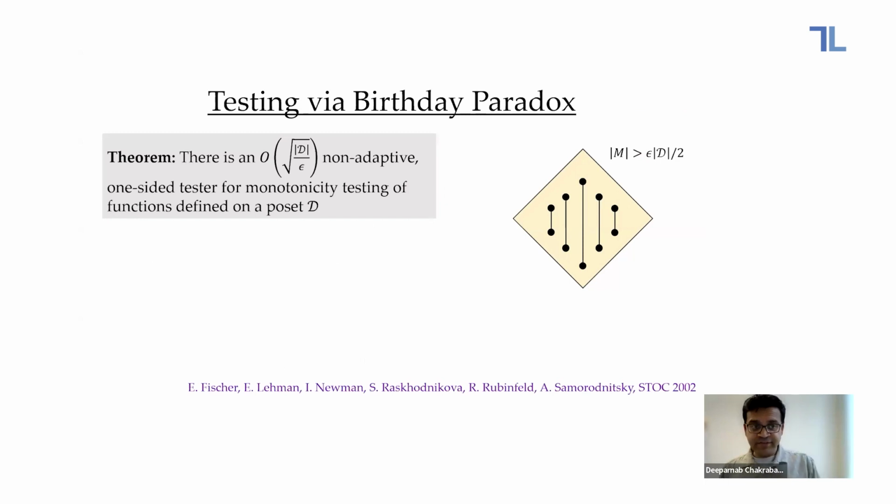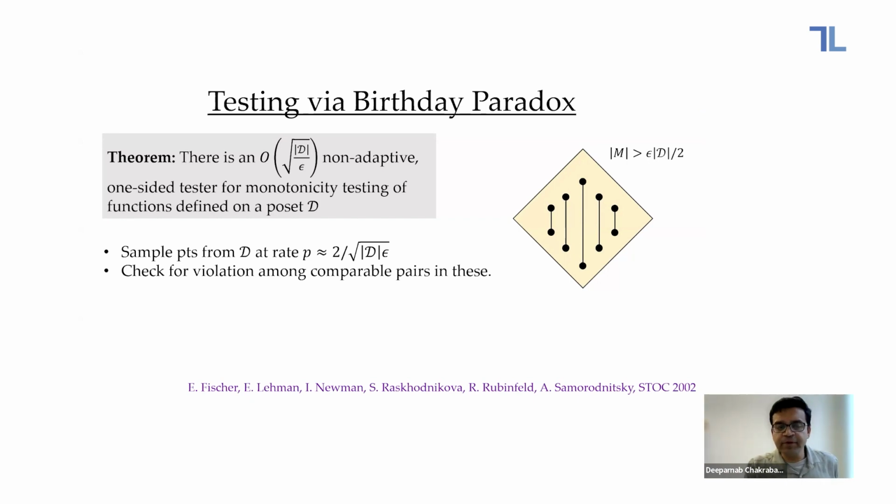Okay. So this is a theorem from Fischer et al., STOC 2002, which basically says that for any partial order of size capital N, so the size of the domain is capital N, I can get away by making only square root N many queries. The dependence on epsilon is also shown in the theorem. So there are roughly square root N queries you can make and test monotonicity. And the algorithm is trivial.